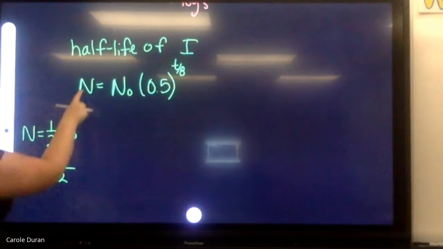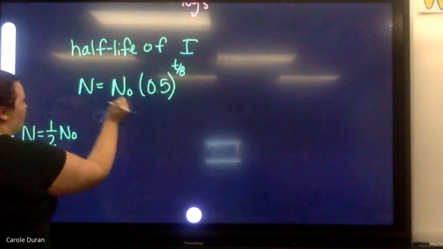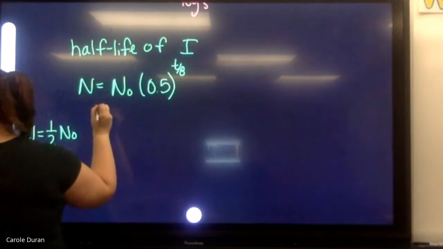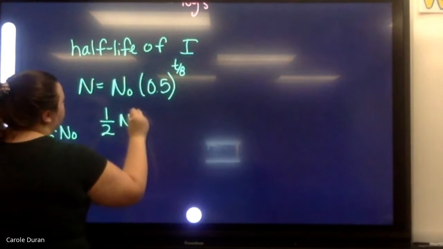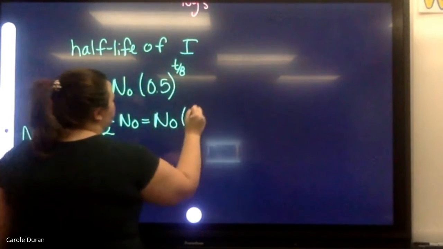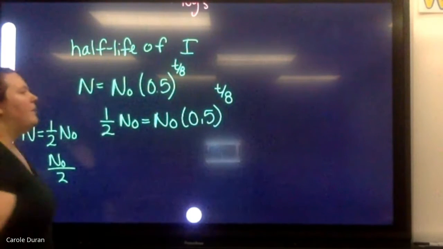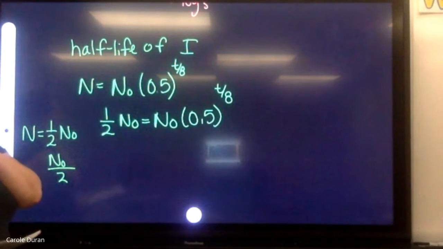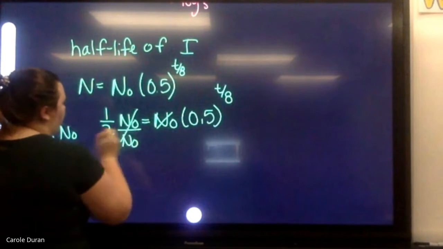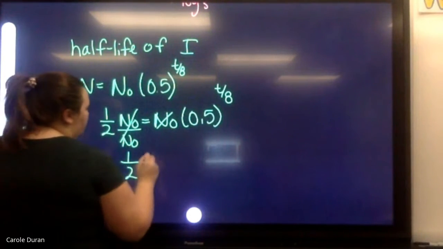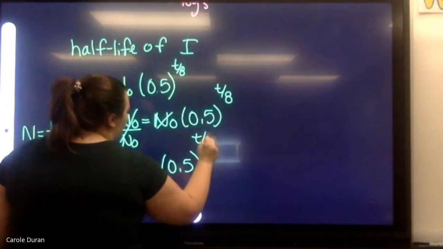I go ahead and I plug that in for the n, and I get 1/2 n naught equals n naught times 0.5 to the t divided by 8 power. My goal is to get t by itself, so I need to divide the n naught over. When I do, I get n naught divided by n naught, which cancels out. And then I'm left with 1/2 equals 0.5 to the t divided by 8 power.